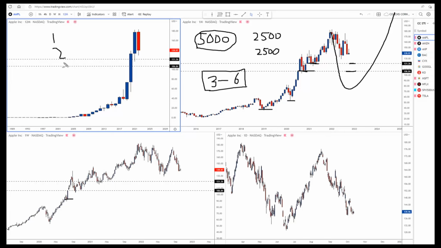Step number 1, step number 2, step number 3, marking support and resistance. And obviously you also have a budget, a game plan for every single stock, because that's exactly what I'm doing on the Swedish stocks.